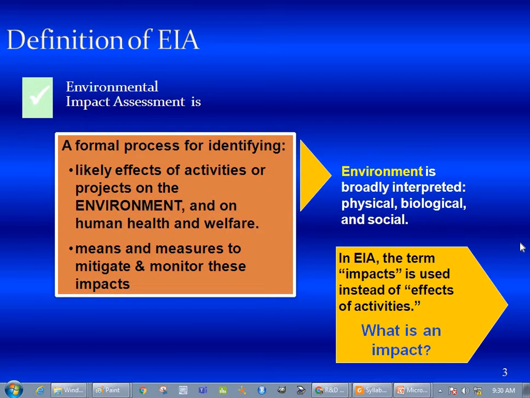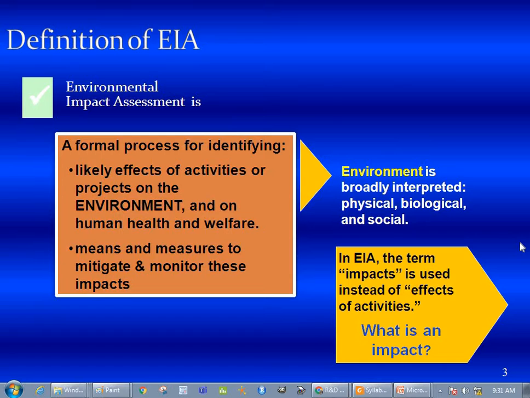So that means it is a means and measure to mitigate and monitor this impact. There are two things. One is projecting what type of effect can happen if such activities or such types of projects take place. It has not taken place so far, because EIA approval, or EIA clearance, is necessary in some projects to go ahead with the project. Without that, it is not even allowed to take up the projects. That's why it is a likely effects study: evaluating likely effects based on our present understanding of the topics and past experiences.